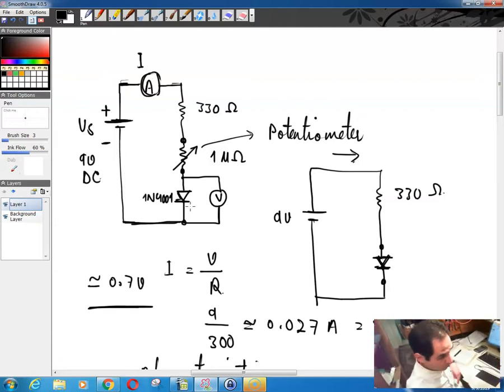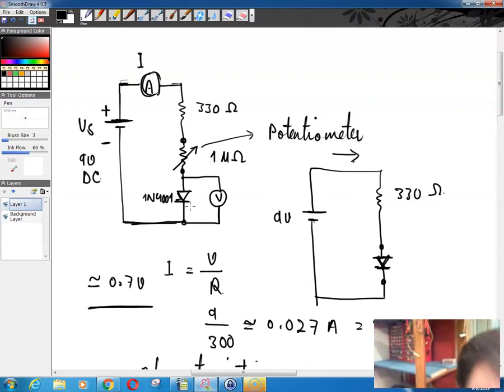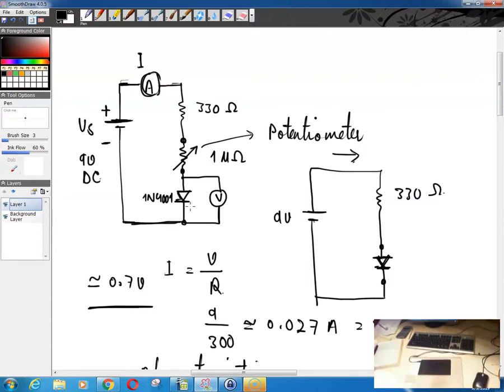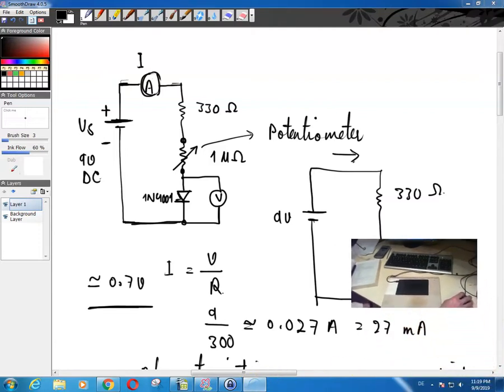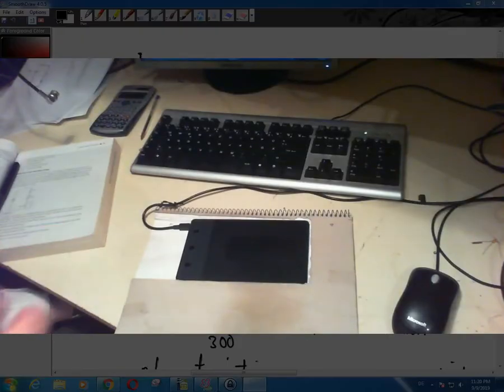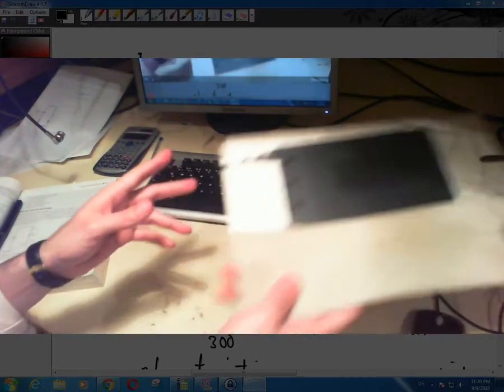So first off, to create a circuit, what you need is basically a couple of components.